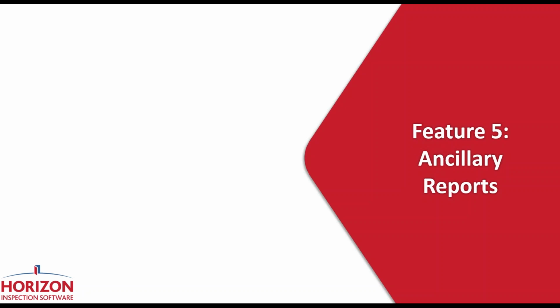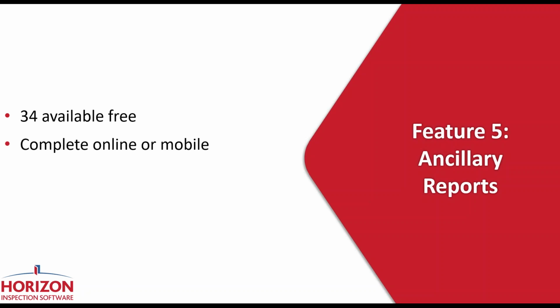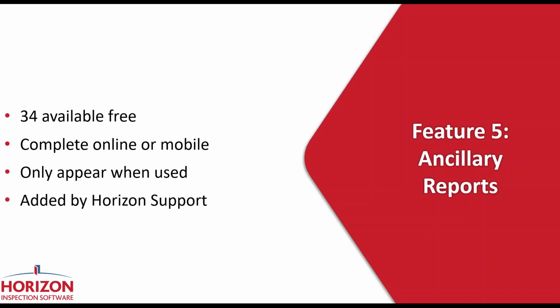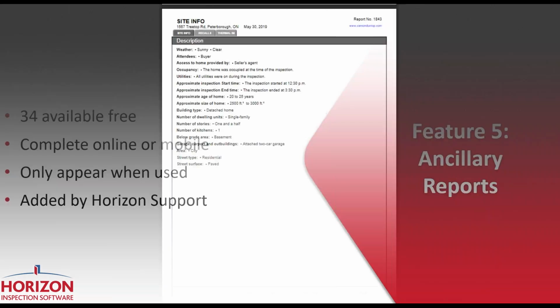To recap, there are 34 free ancillaries that you can use. You fill them out online or inside of Horizon Mobile. They only appear in the report when they're used, and at this time, they must be added by Horizon support. Let's look at 3 of the most popular ancillaries in a published report so you can get a sense of what they really accomplish.